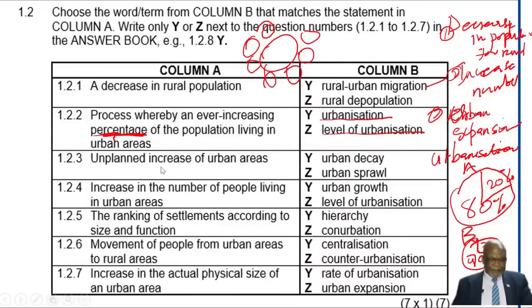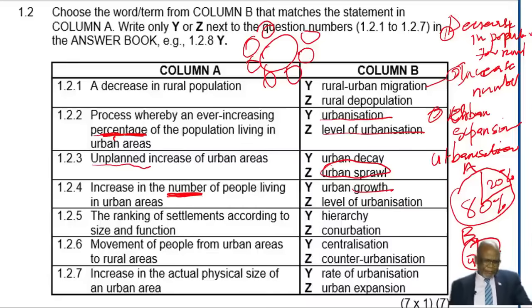So unplanned increase of urban areas, this will be your urban sprawl, or just uncontrolled or unplanned increase of urban area. And then increase in the number of people living in urban areas, increase in number. Now, when you're speaking of number, it is growth. But when you're speaking of percentage, it is urbanization.